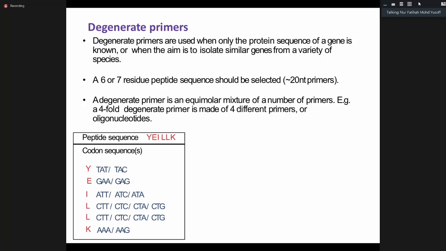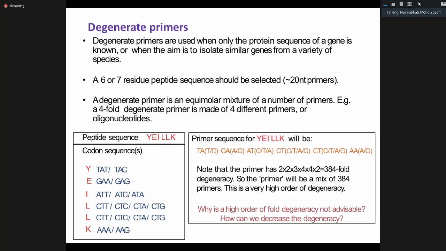Usually, one amino acid is encoded by multiple codons. Now, the degenerate primer sequence for YEILL will be TAT or C. Look at here.